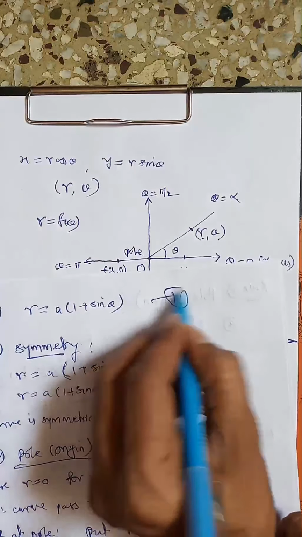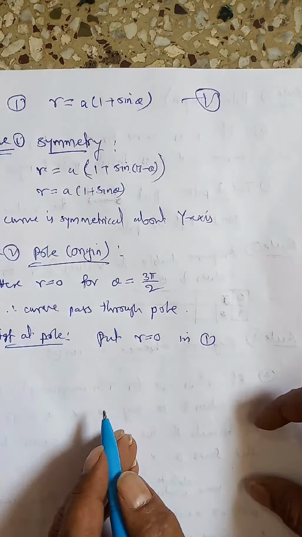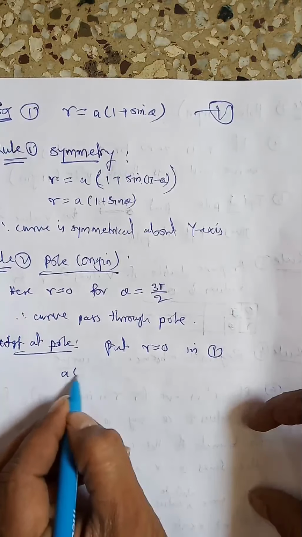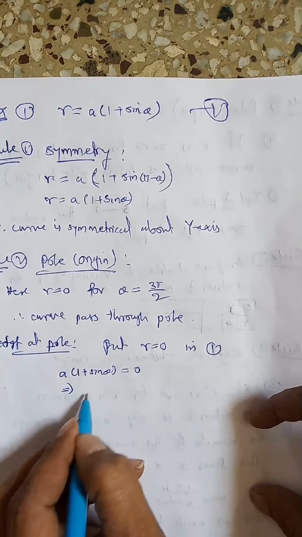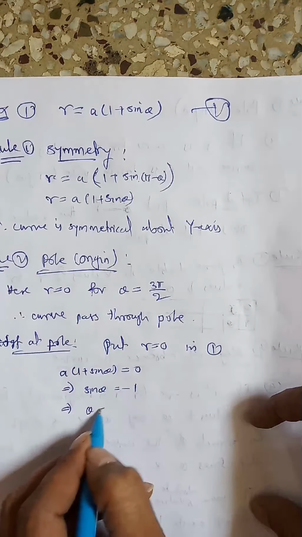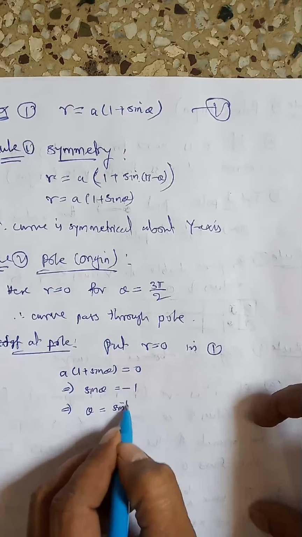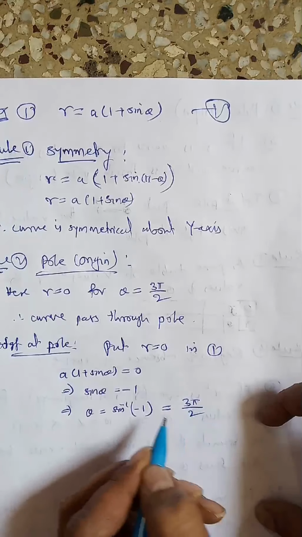Let this equation be 1. Okay. So put r equals 0 in 1. So what will we get? a into 1 plus sine theta equals 0, which implies sine theta equals minus 1, which implies theta equals sine inverse of minus 1, which is 3 pi by 2.